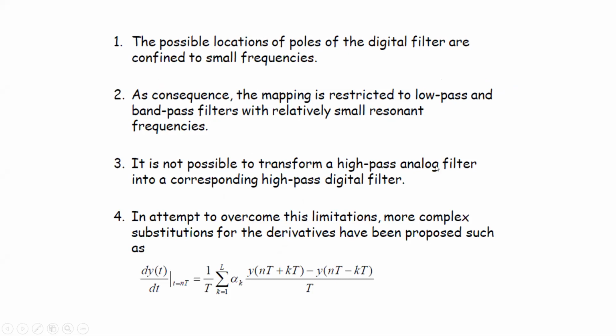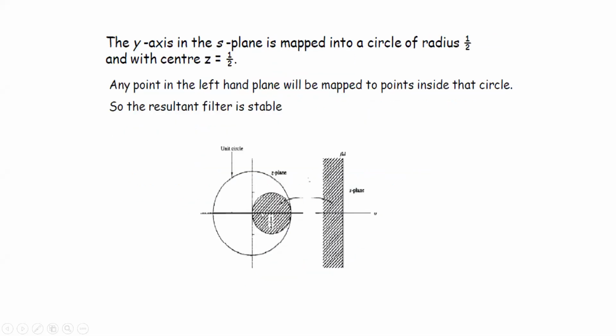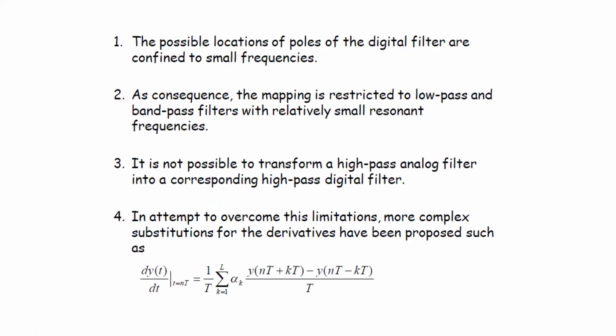What is the problem with this type of transformation, s equal to 1 minus z to the power minus 1 divided by capital T? The circle is inside the unit circle. Everything is confined into a very small circle. That means it is leading to very low frequencies. So it is not possible to transform a high pass analog filter into a corresponding high pass digital filter.